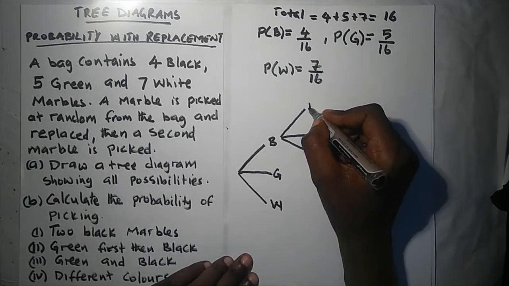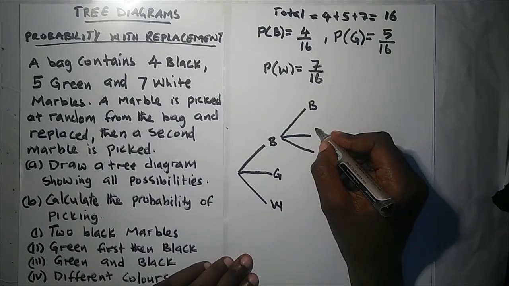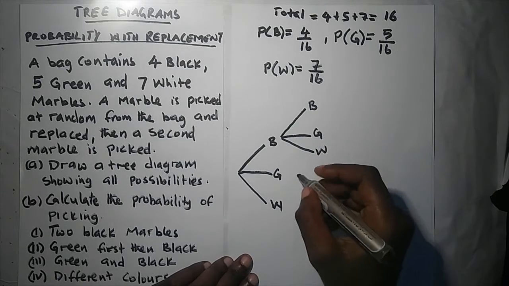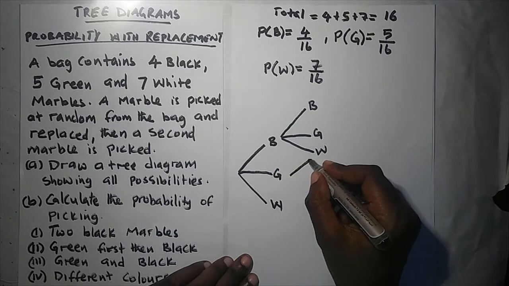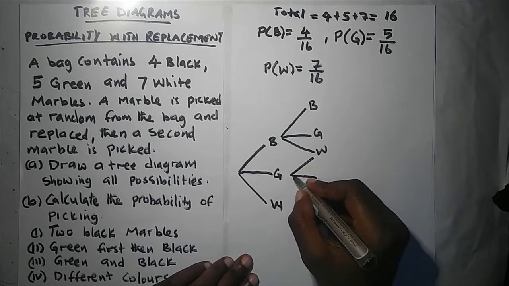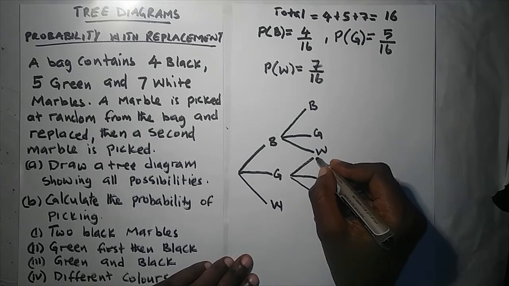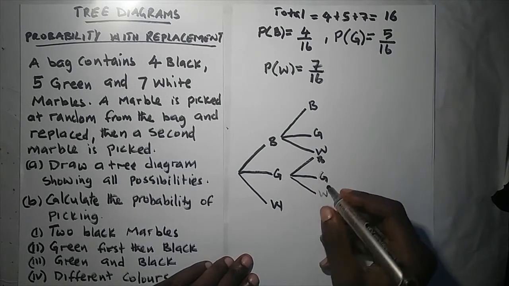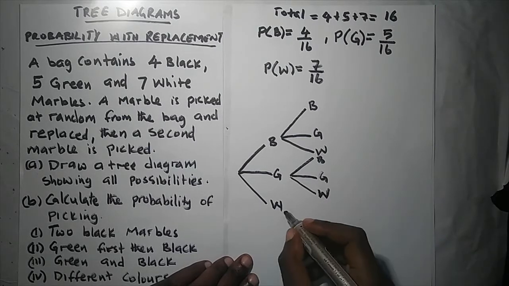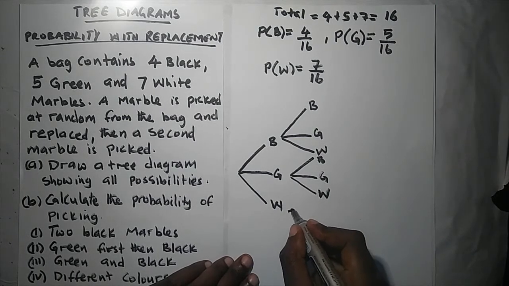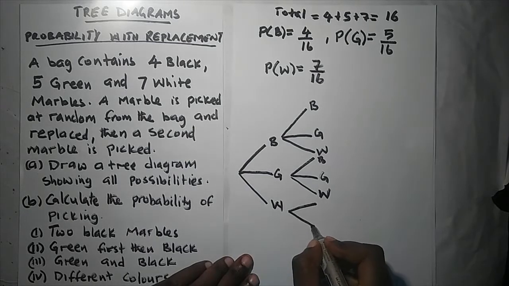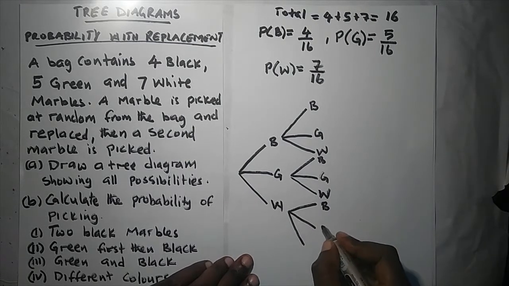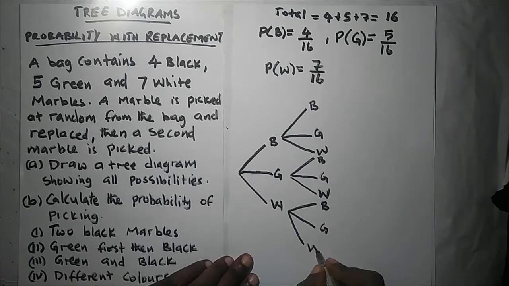The green one here is also going to have 1, 2, 3: black, green, and white. And the last one here also has 1, 2, 3: black, green, and white.